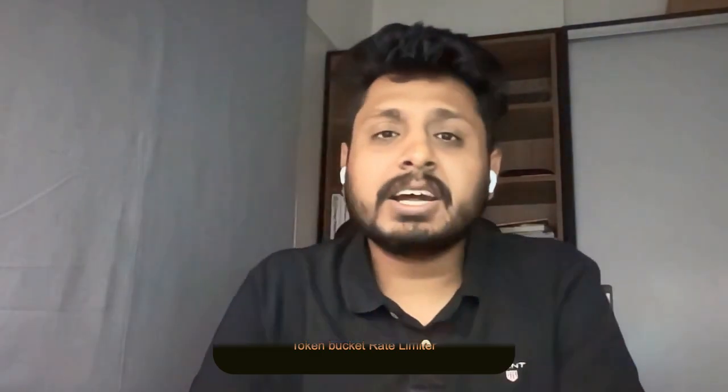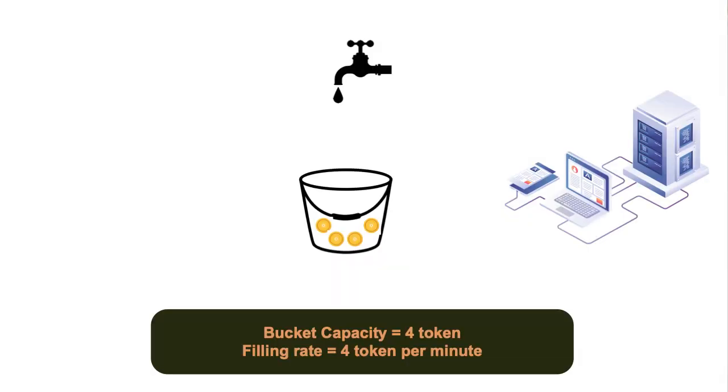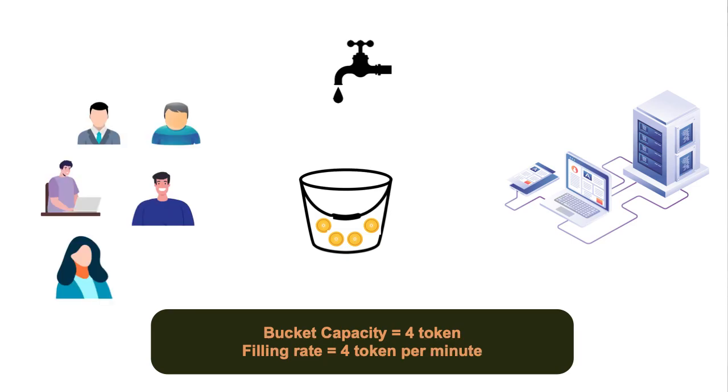Now let's take this example and understand it with a real world web application. Imagine that there is a bucket that gets filled with four tokens every minute, and the bucket can hold a maximum of four tokens. Any request that comes to my rate limiter, so any request basically has to pass through the rate limiter. It's a gateway, right?